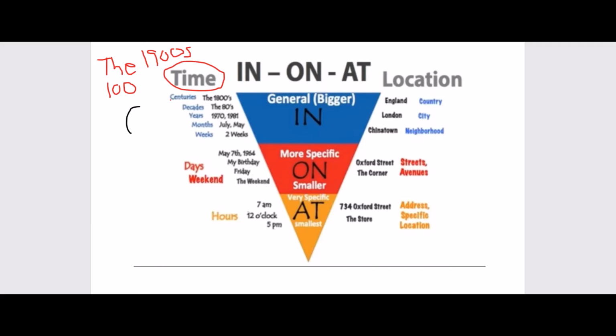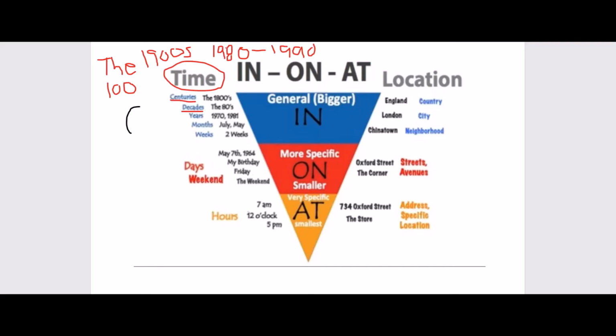So that's centuries. Now decades. When someone says in the 80s, they're talking about the 1980s, so that's 1980 to 1990. That's what we call a decade. It's 10 years.